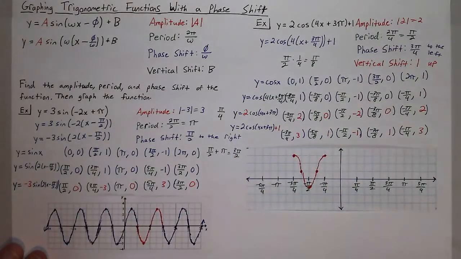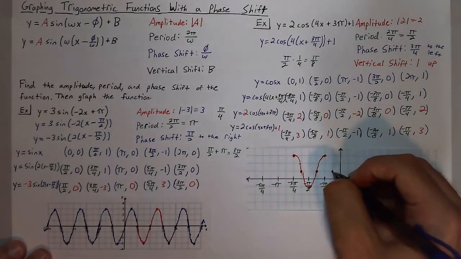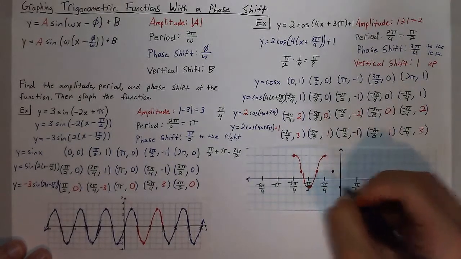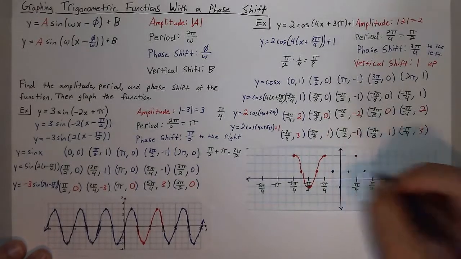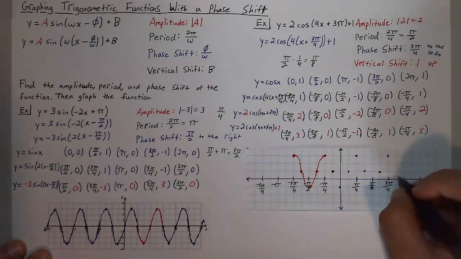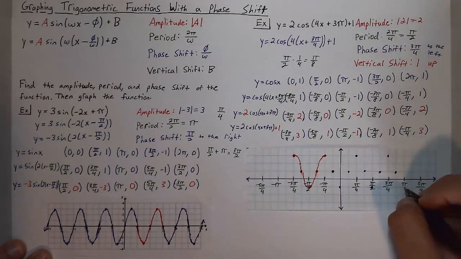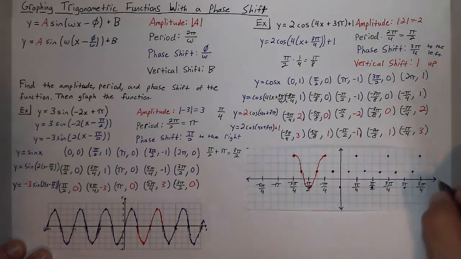But I can also continue that same pattern every tick mark. So now it goes down to 1, then negative 1, 1, 3, 1, negative 1, 1, 3. These are periodic functions, so they do repeat their patterns forever in both directions.